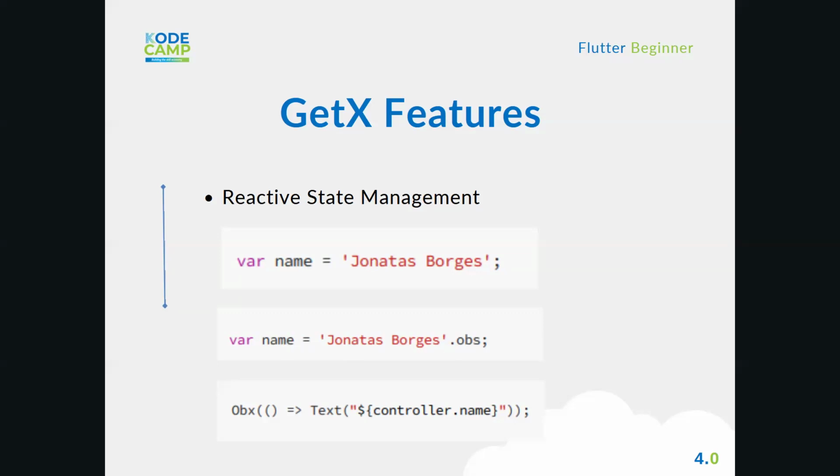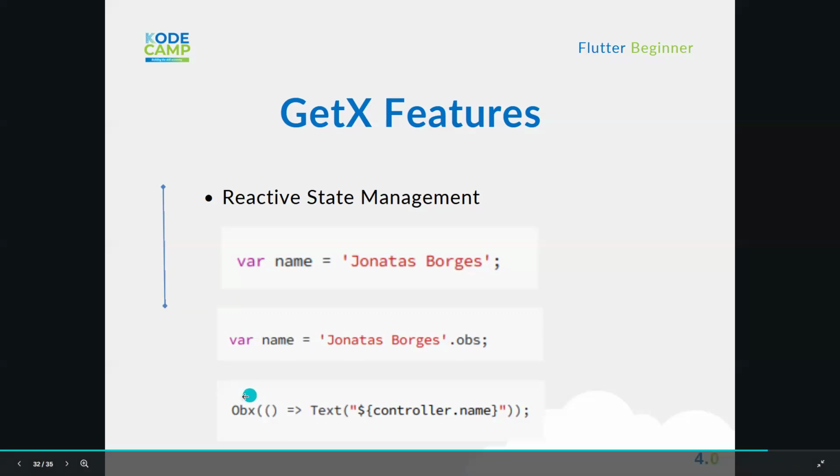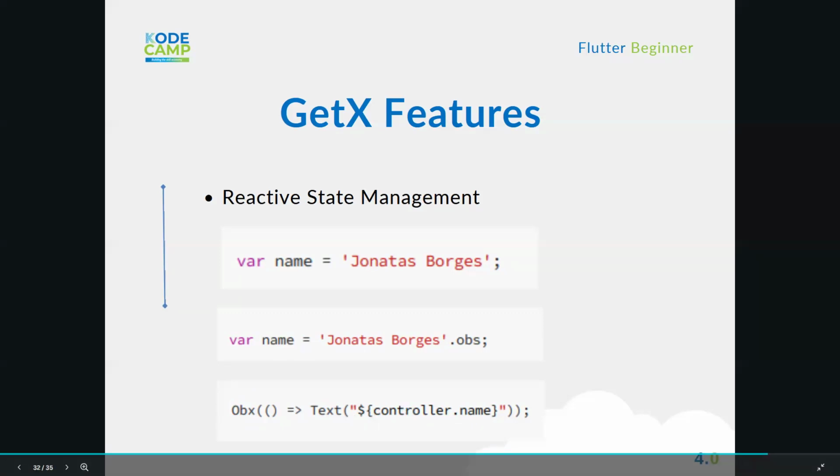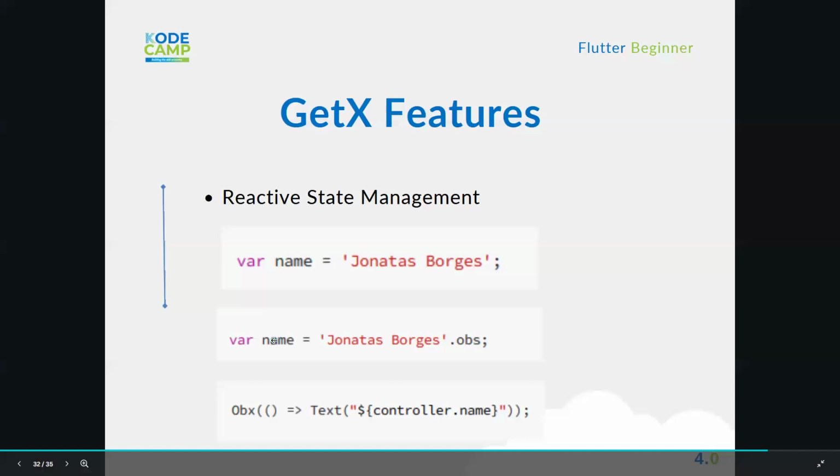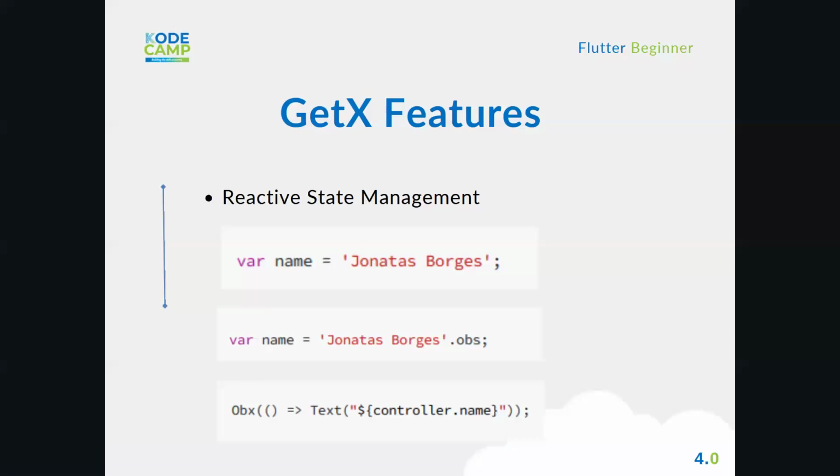It means that in your UI, using this line of code here, you can now listen. Once this text widget is wrapped in this OBX, which is an observer, it now listens to the changes in this variable. So whenever the name changes, it automatically changes the state, it automatically updates the UI. Why? Because this particular variable is an observable variable.